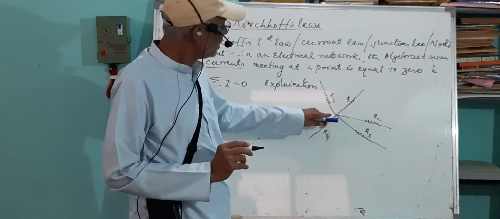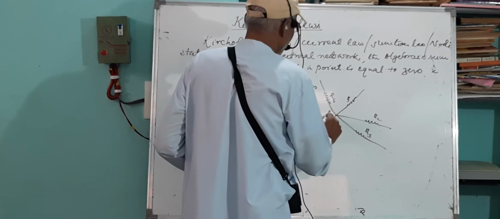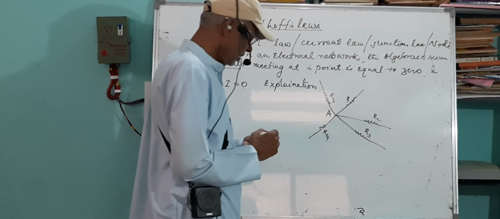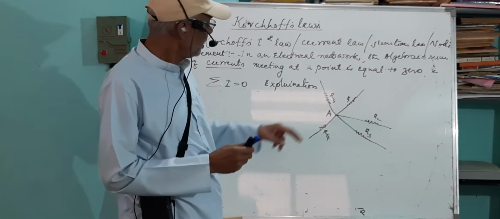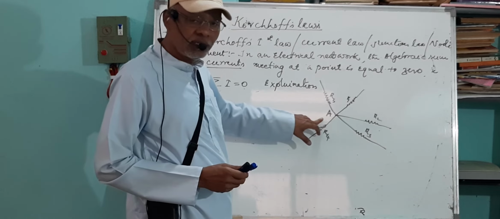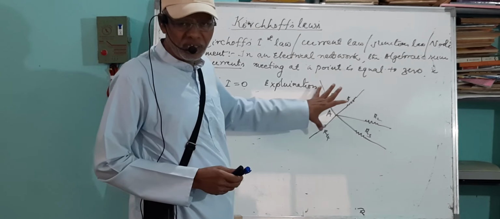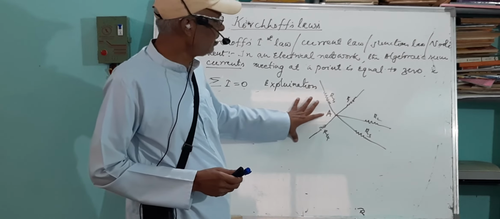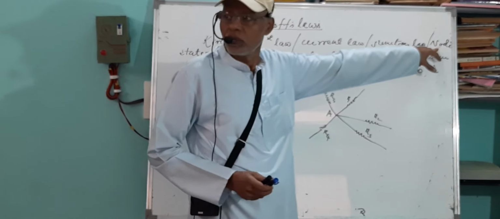They are connected at a point A. So what is A here? A is a junction where three or more conductors meet. Such a point is called a junction, or a junction is nothing but a node.